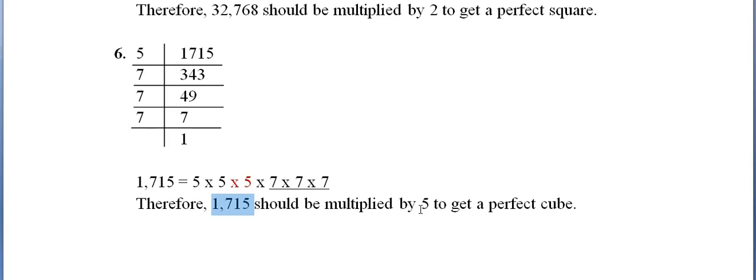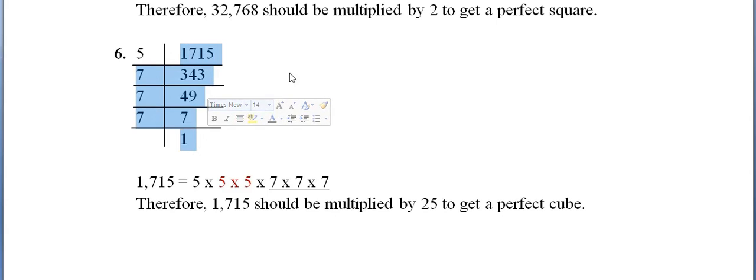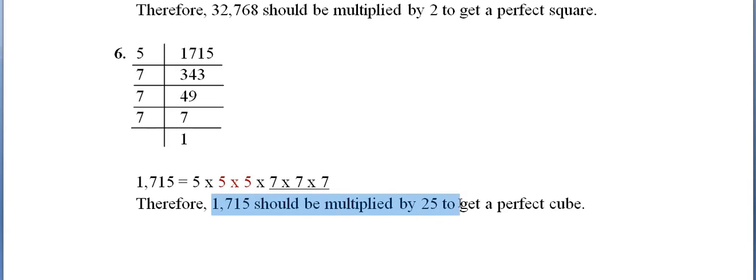In this particular question, the situation is that there are 3 7s and only one 5, so we need 2 extra 5s. 2 5s means 5 into 5, that is 25. So 1715 should be multiplied by 25 to get a perfect cube. So that's your question number 6.